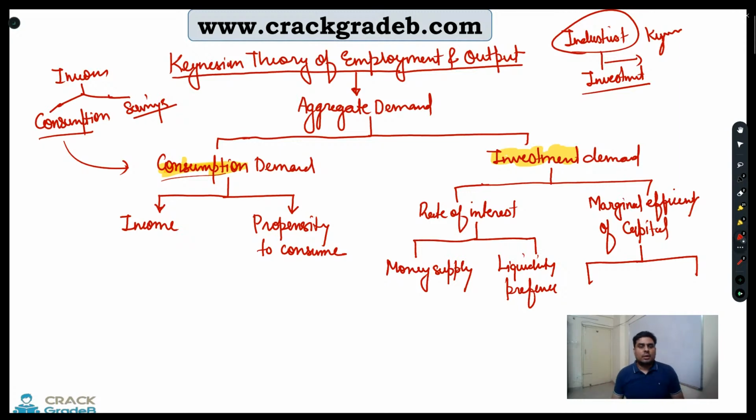Just break it down. He is talking about marginal efficiency of capital. What is capital? Capital can be in the form of a machine, it can be in the form of knowledge, right? For example, I have knowledge of something, that's why I'm able to make money with my knowledge, so my knowledge is my capital.